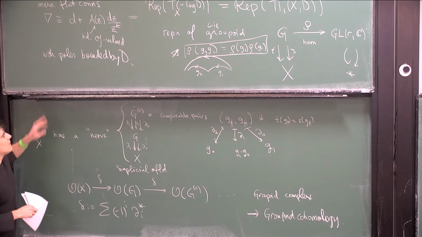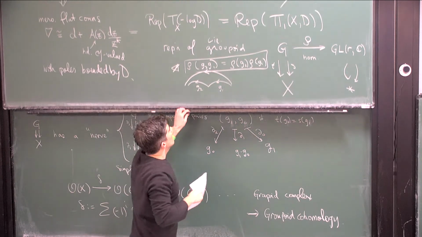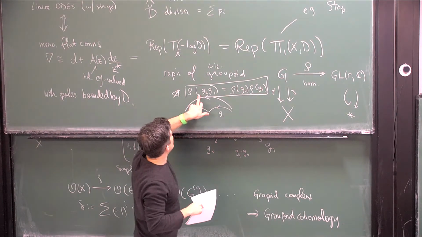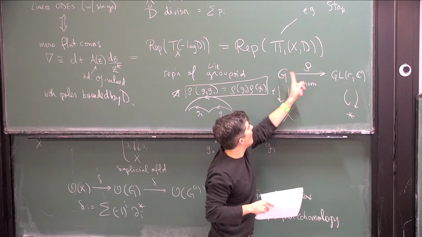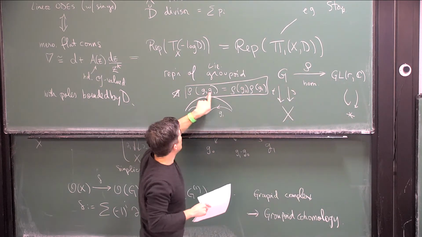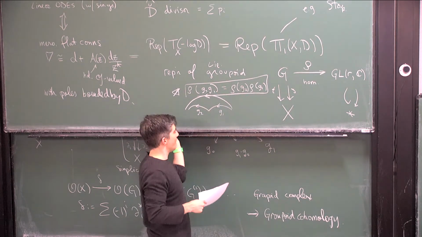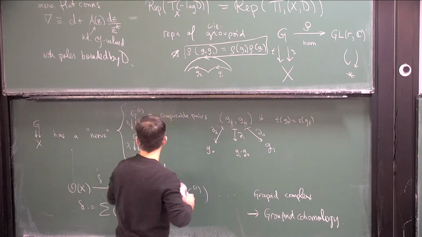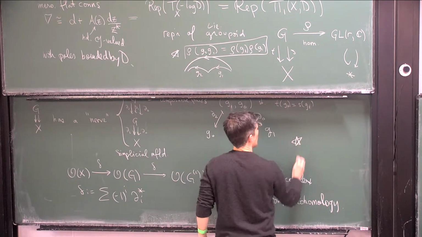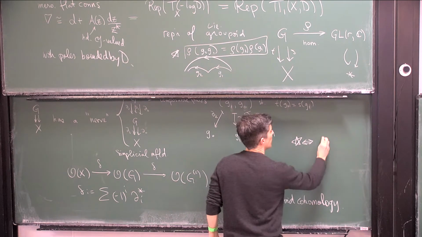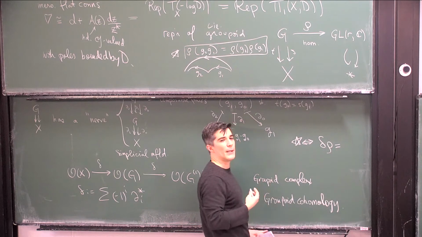All right, and this condition here, you can see that it is saying that the value of this map on the 3 faces of the triangle are all related. And so the equation star is equivalent to the condition that delta rho is equal to the trivial element.